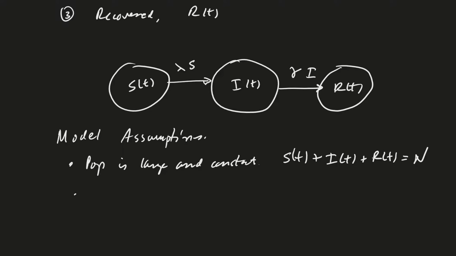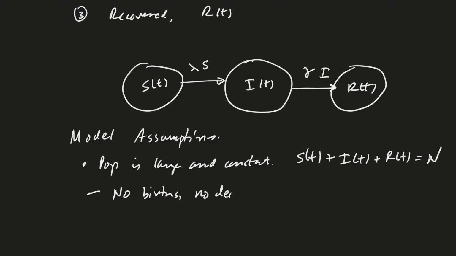So what does that mean? We don't have any births, no deaths. So there's nothing coming or going out of our population. This is a closed system. No immigration or emigration.